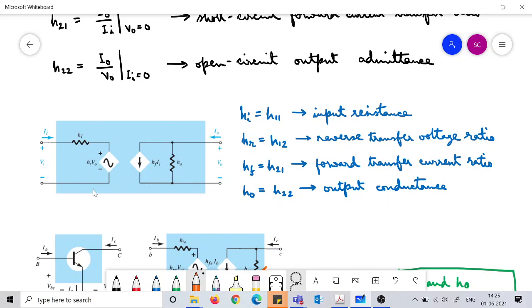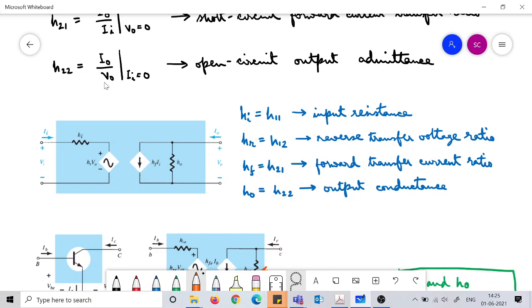But whatever was inside there may be very complicated arrangement of elements. Whatever was inside, we can simply replace them with these four elements when we are able to calculate these, and these are very easy to calculate because these are nothing but the ratio of some variables which we can measure directly.